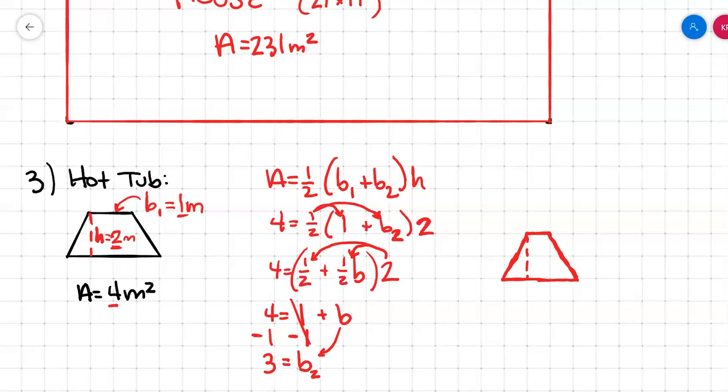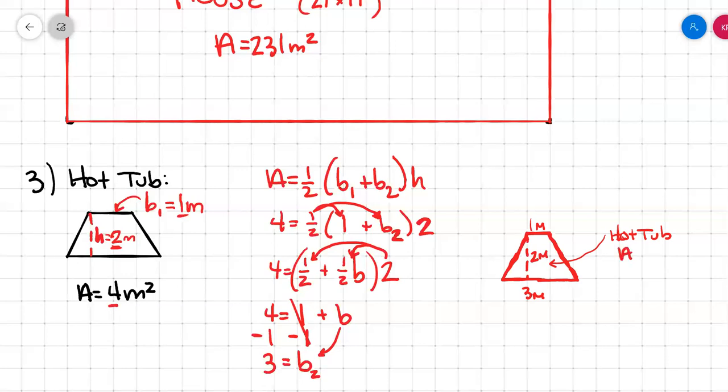So then we can go, this is our hot tub, and we can go 1 meter by 3 meters, and the height is 2 meters.